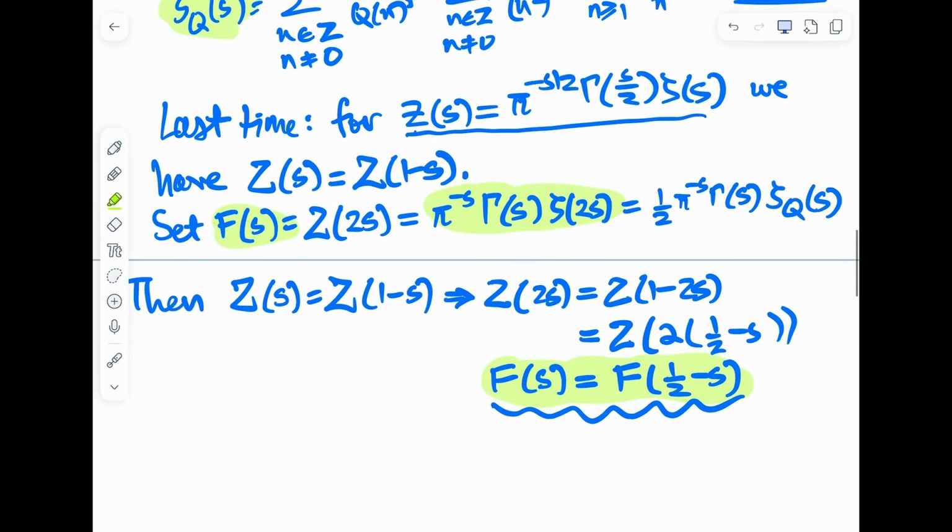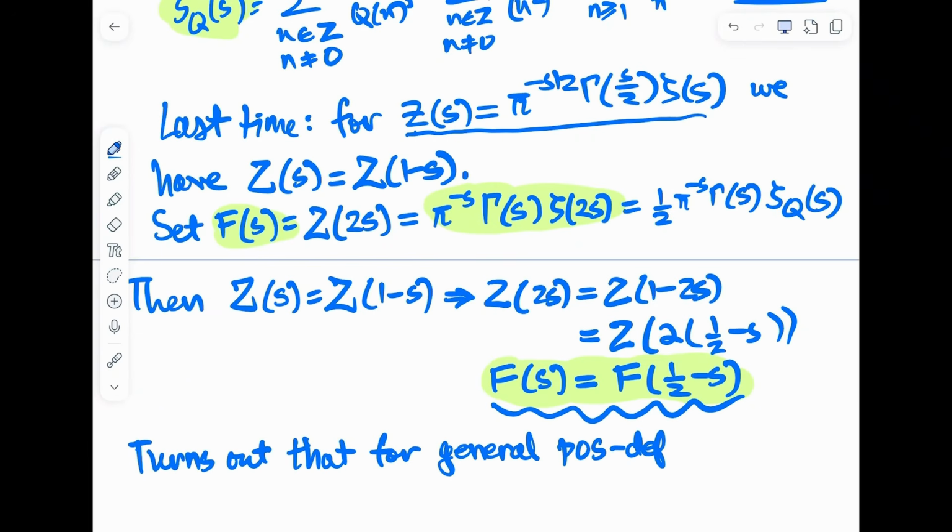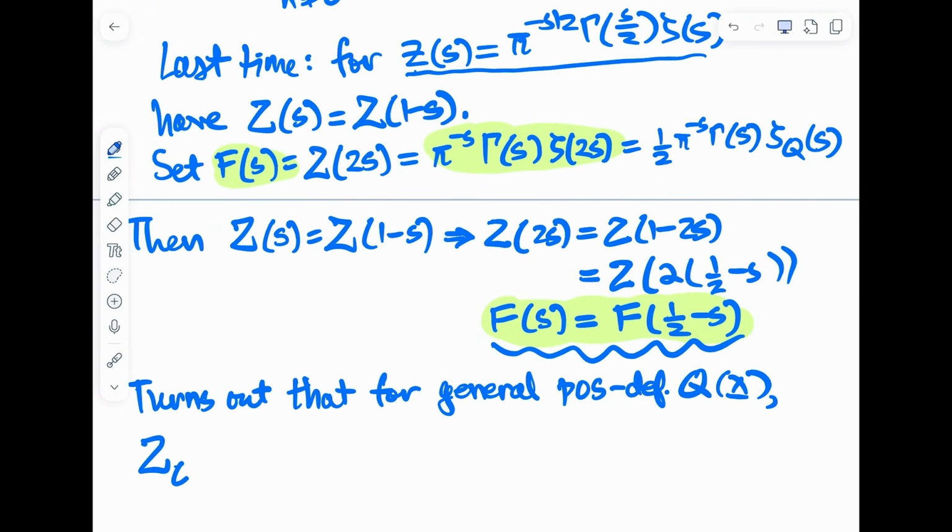So what we're going to find happens, and I think I presented this with some mistakes in the first lecture. So it turns out that for the general case, for a general positive definite quadratic form in k variables, we're going to define the completed zeta function to be pi to the minus s times gamma of s times the zeta function of s for a real part of s large enough.